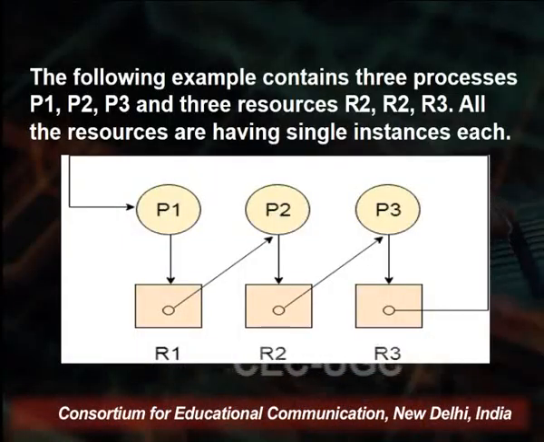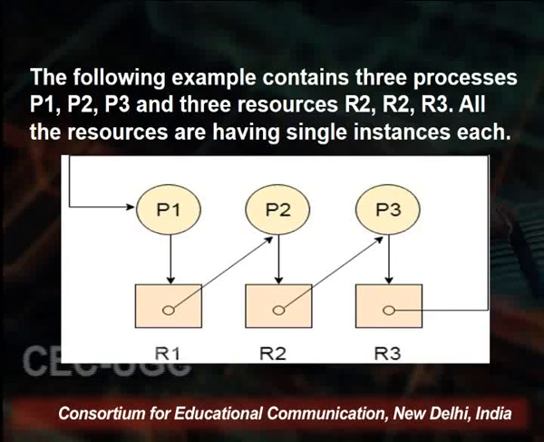Here we have three processes P1, P2, P3, and three resources R1, R2 and R3, and all these resources have single instances each, which can be observed from the figure very clearly, as there are no dots within the rectangles of R1, R2, R3. Now the situation of P1, P2, P3: P1 has requested R1, and R1 has already been given to P2.